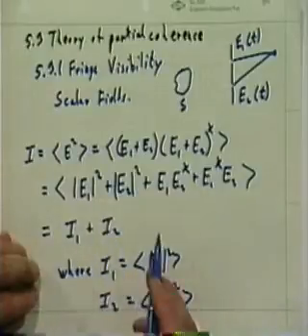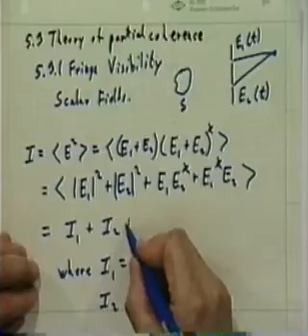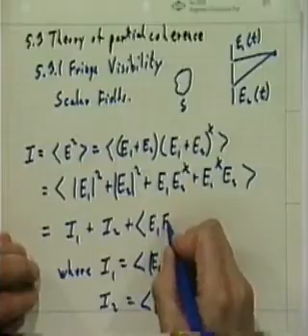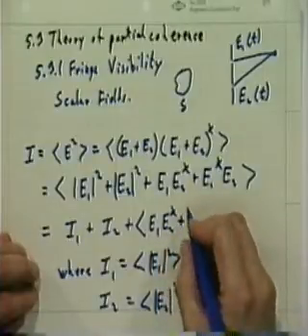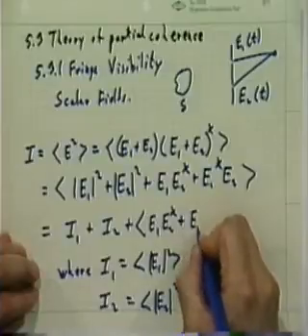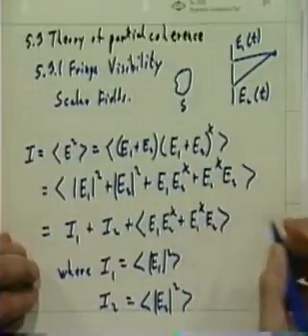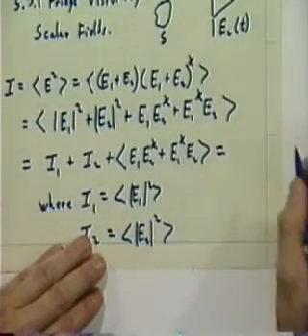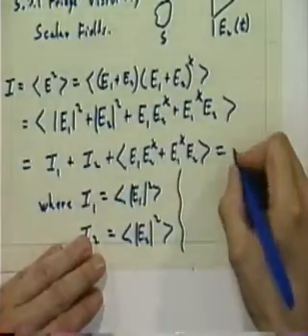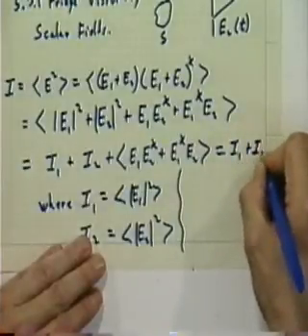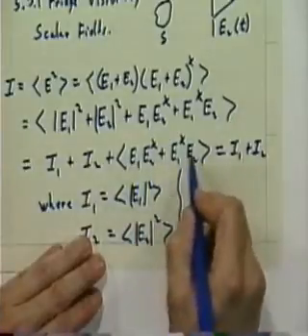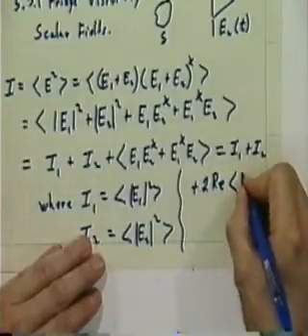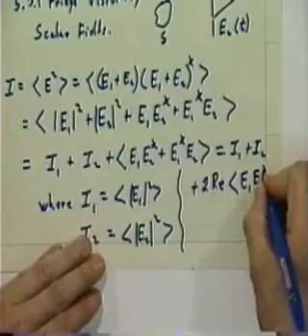So that's fine. But then I get this other thing here that's going to be a little more trouble for me: E1 E2 complex conjugate plus E1 complex conjugate E2. And I will rewrite that sum as just 2 times the real part of E1 E2 complex conjugate.